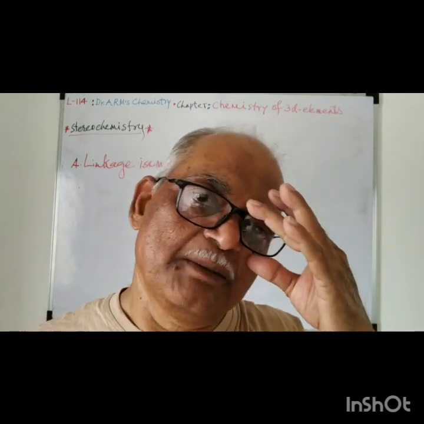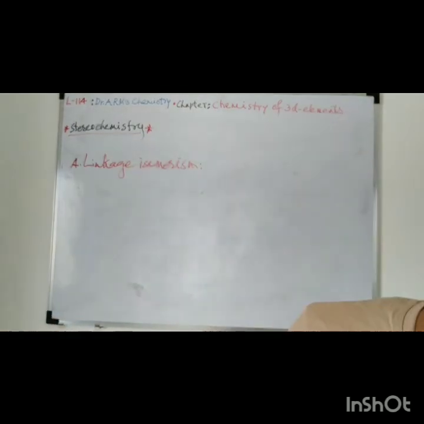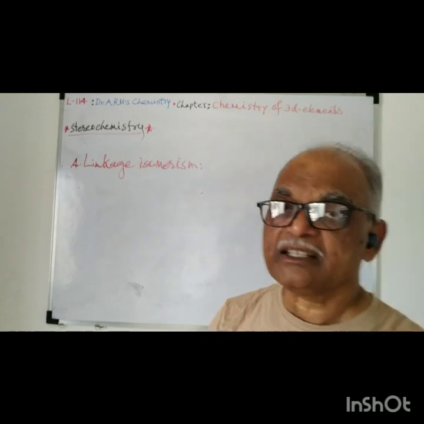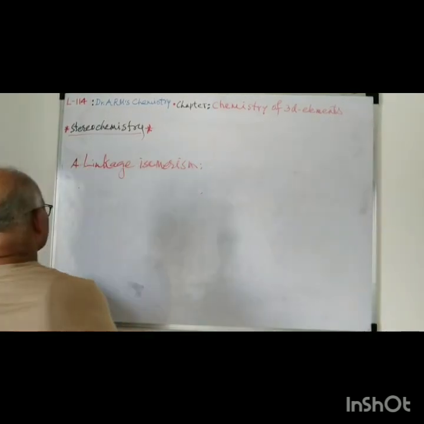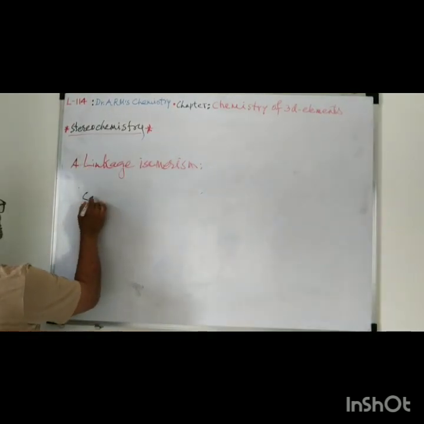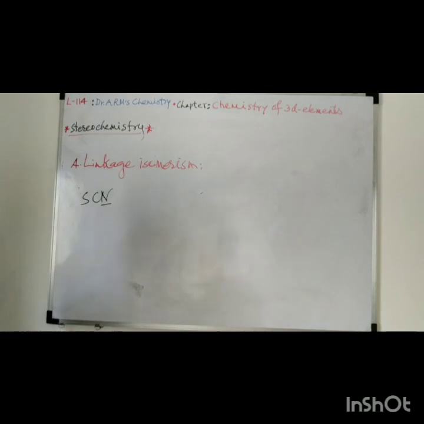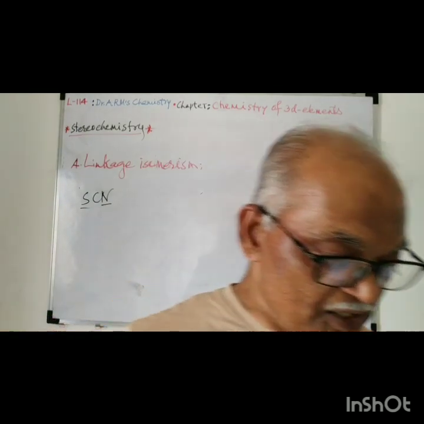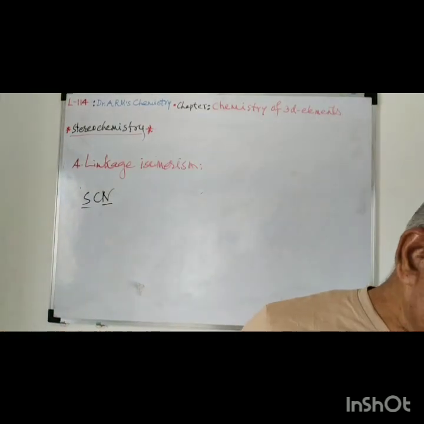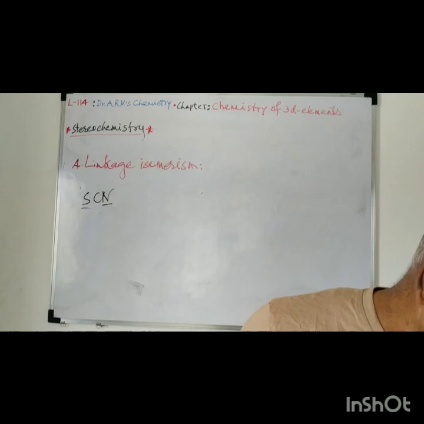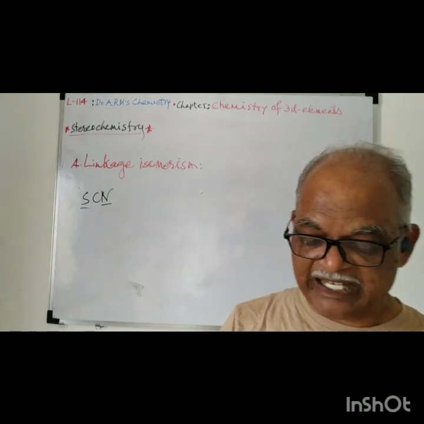For example, if we consider the thiocyanate ligand, that is SCN, sometimes the point of attachment is nitrogen and sometimes the point of attachment is sulfur. On that basis, we can consider the thiocyanate in different environments.